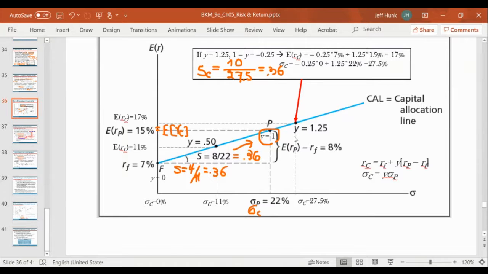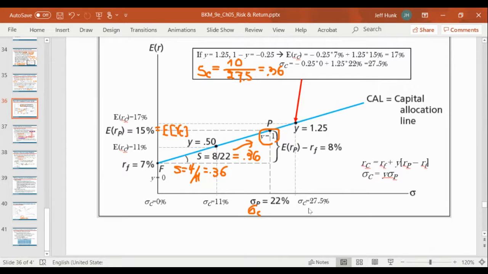And when the weight is 1.25, that means you borrow at the risk-free rate. Negative 0.25 is the weight on the risk-free assets, and you put 1.25 weight into the risky portfolio, and then you get the same result.